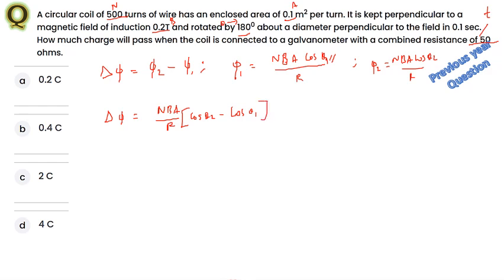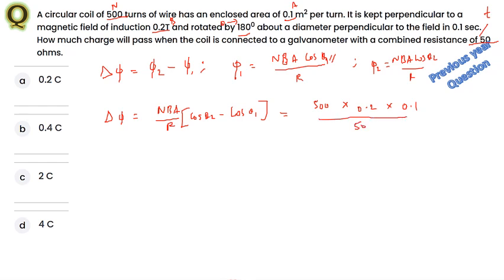Now you just substitute all the values. There are 500 turns, the magnetic field here is 0.2 Tesla, and the area here is 0.1 meter square. No need to convert anything here, and the whole is divided by the combined resistance, which is 50.